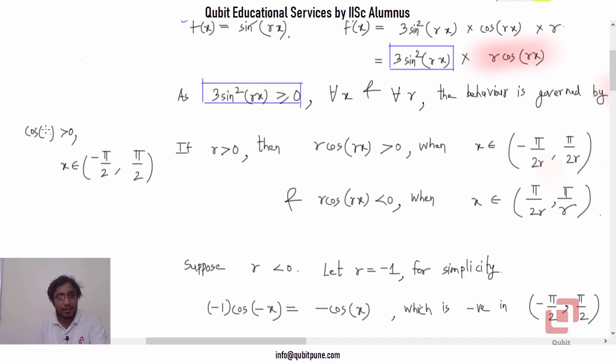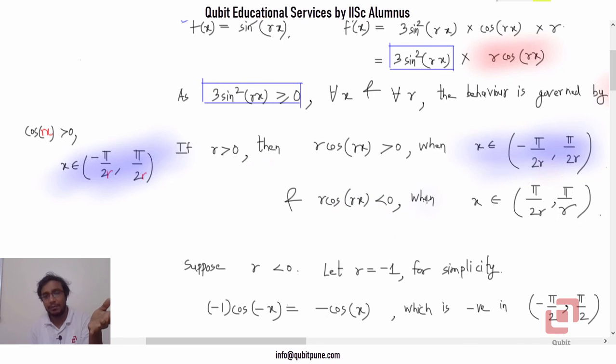Alright, so if I now change this x to rx, what can I say about cos rx being positive? It is negative pi by 2r to positive pi by 2r, from what I showed you just now. Which means if r is positive, then r into cos rx will be positive when x belongs to this negative pi by 2r to positive pi by 2r, and r is positive, so whenever cos is negative, the function r into cos rx will be negative.